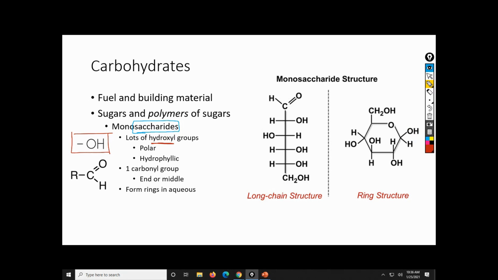We've been playing with this for a while now, and now we're going to put a name to it. Hydroxyl. As we can see, all of our carbohydrates do, but the monosaccharides most clearly have a lot of hydroxyl groups. So if I pop over to my structure pictures, I can start to circle and see just how many hydroxyls I have.